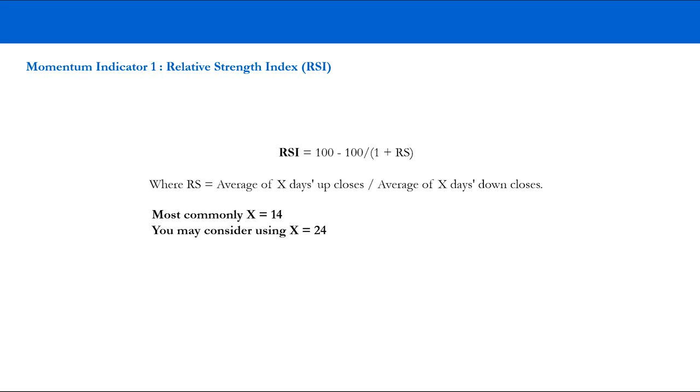Most commonly, X is 14, so 14 days, but you might consider using X as 24. The reason for this will become apparent when we look further into moving averages, which is another momentum indicator.